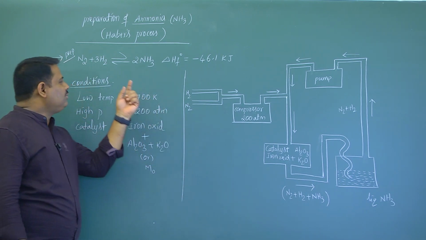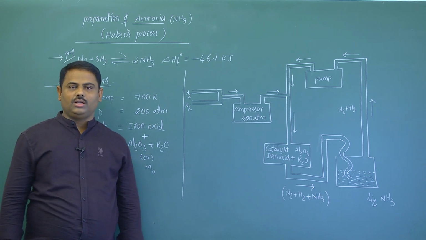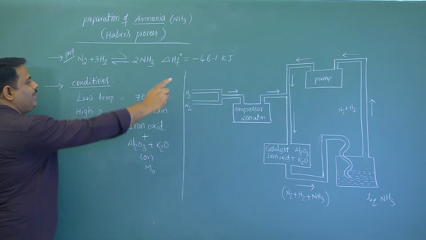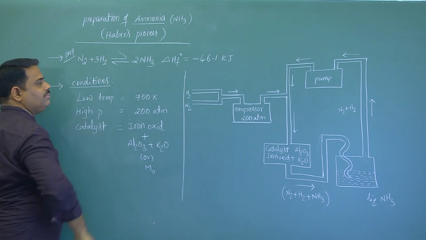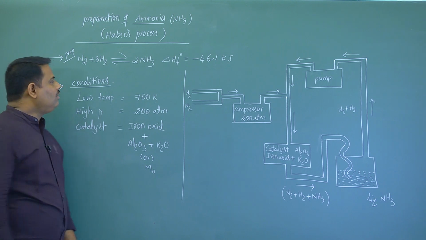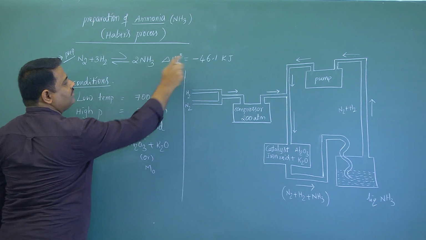So for any reversible chemical reaction, first you have to identify Le-Chatelier principle. Now to prepare ammonia, the rate of forward reaction is important for us. Now here the forward reaction is an exothermic reaction.